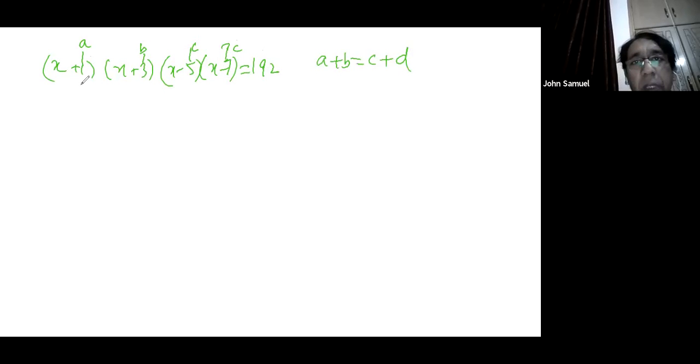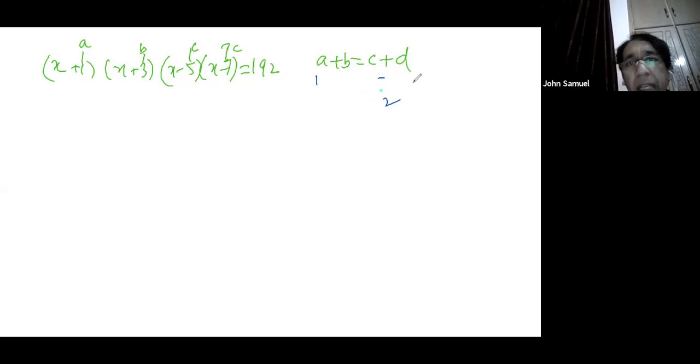Look, first we will take the first two. These are all linear factors, 4 linear factors, and we have to change them first into a quadratic equation. Otherwise, we cannot solve it. If I take the first two factors, 1 plus 3 is 4 and minus 5 minus 7 is minus 12. These are not equal, so I'm erasing this one.